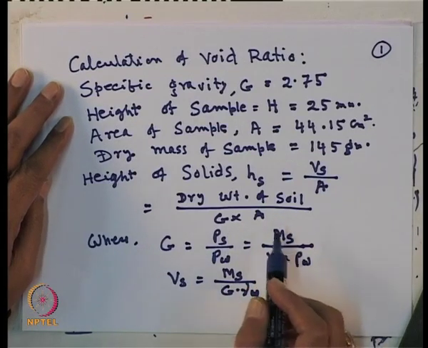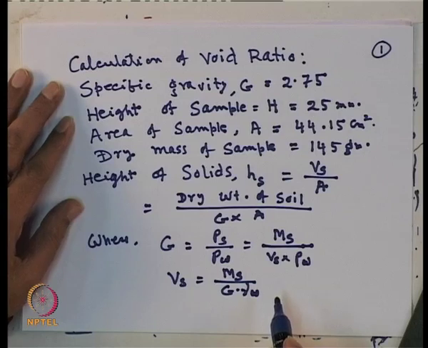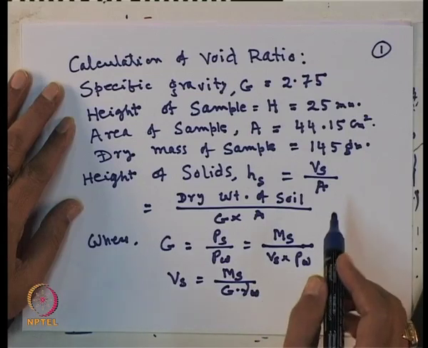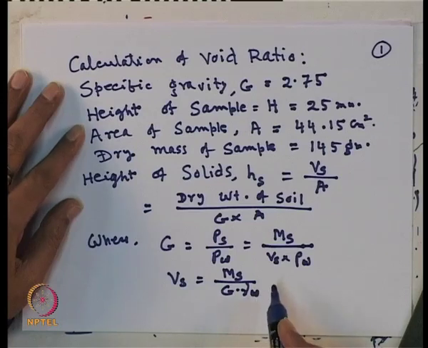So, you know that M_s, you know the G value, and you know that gamma_w is equal to 1. So, in place of V_s you can write M_s by G gamma_w.